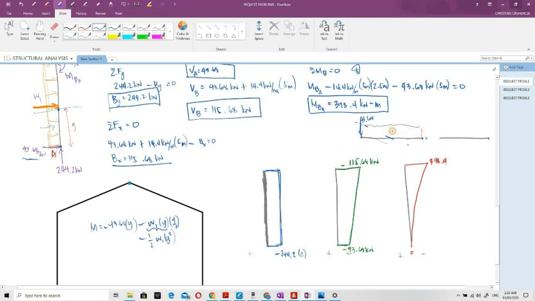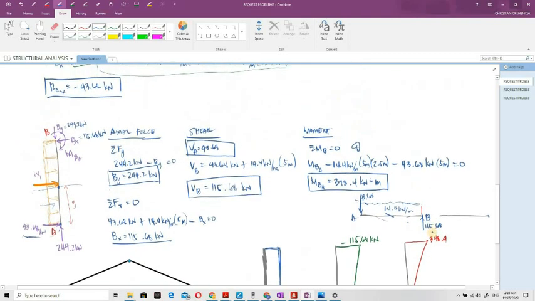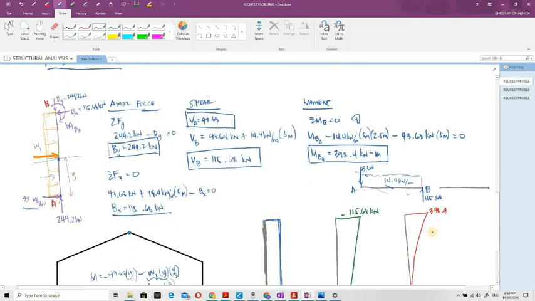Meron tayong uniformly distributed load ng 14.4 kilonewton per meter. Then meron tayong reaction dito sa B, internal resultant or reaction. So let's say ito yung A, ito yung point B. So ito yung 115.68. Okay? So na-visualize na. So ito yun, ginawa lang natin naka-horizontal. So ito yung positive side, ito yung negative side.